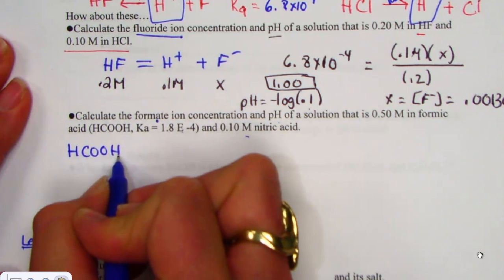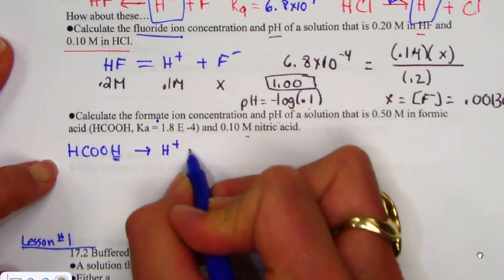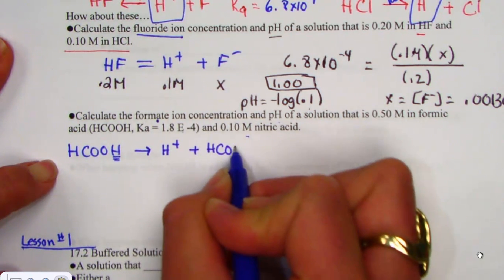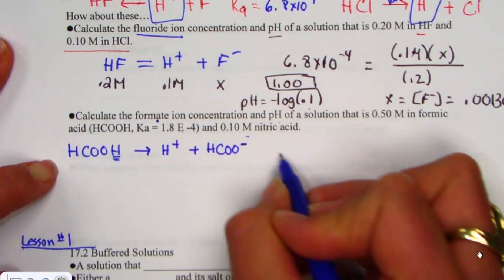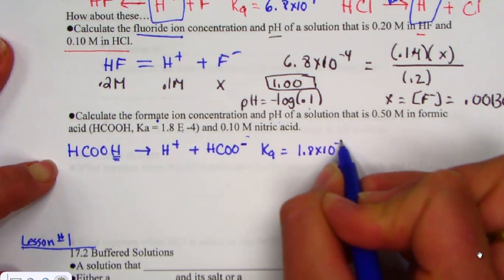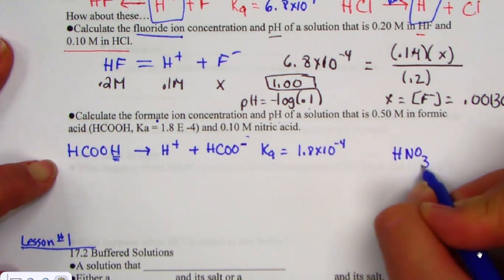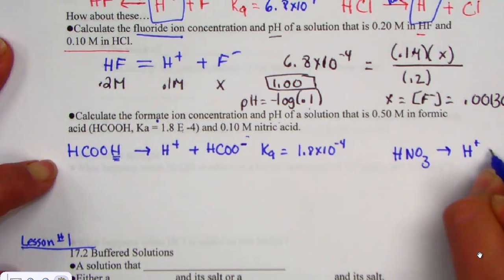See that COOH? Right there is your ionizable proton. Hydrogen ion and HCOO negative, the Ka 1.8 times 10 to the negative 4. Nitric acid is one of our strong acids, 100% dissociates.